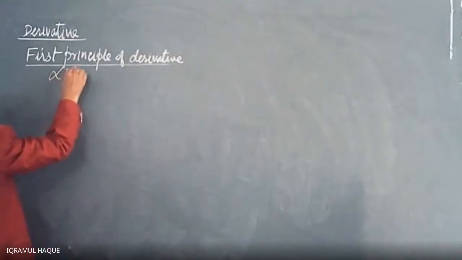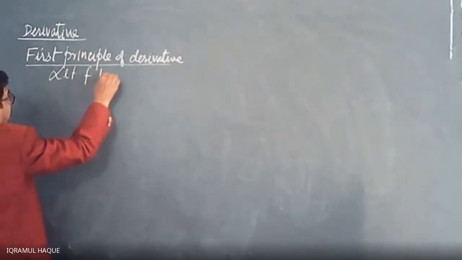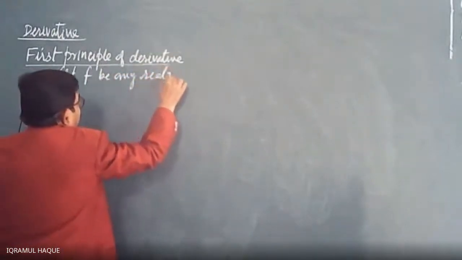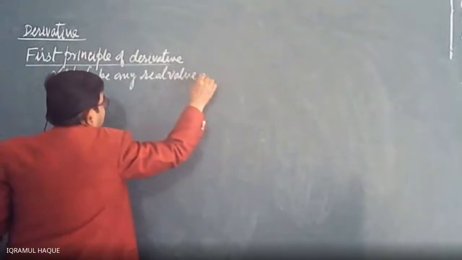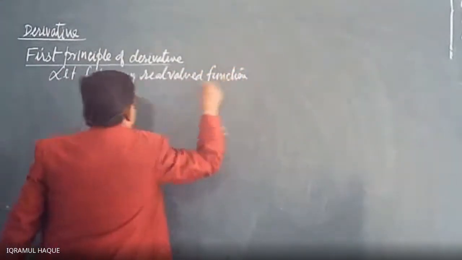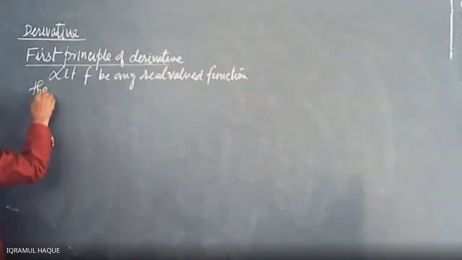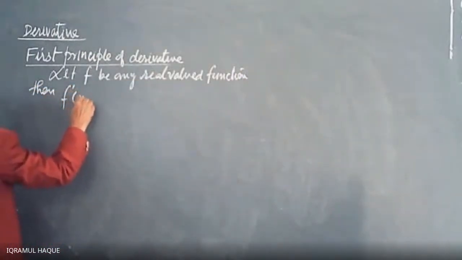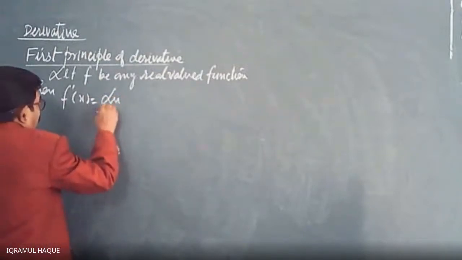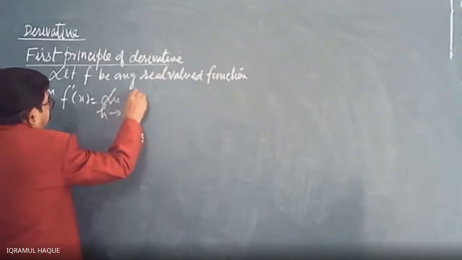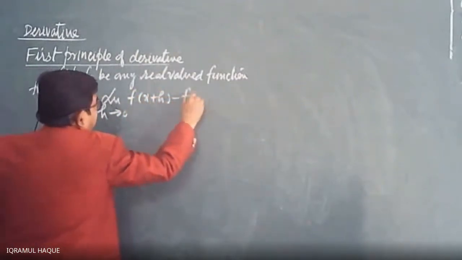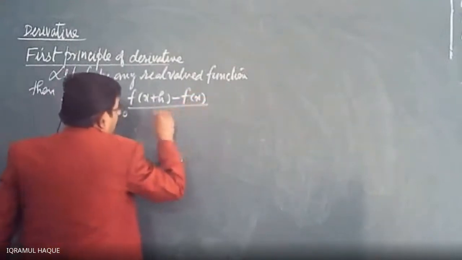Let f be any real valued function, then f dash x is equal to limit h tends to 0 f(x plus h) minus f(x) upon h.